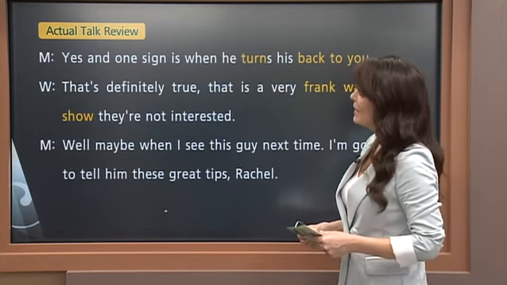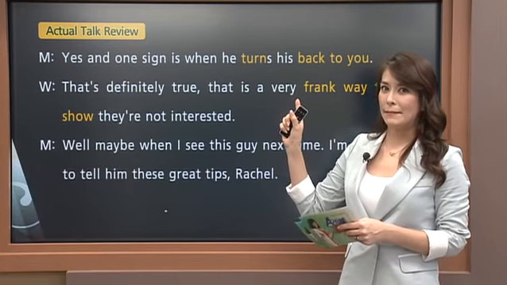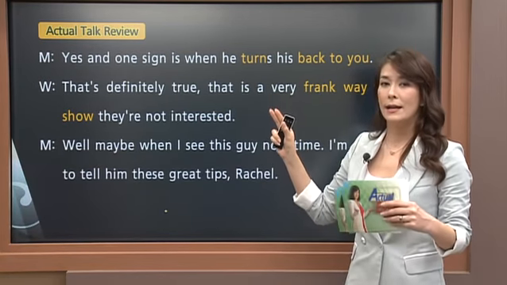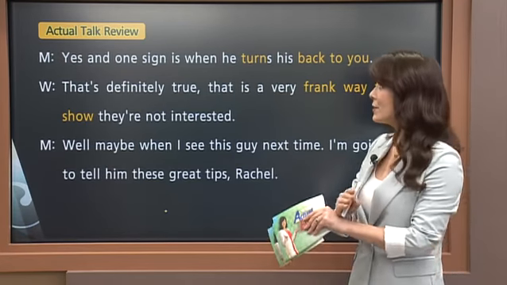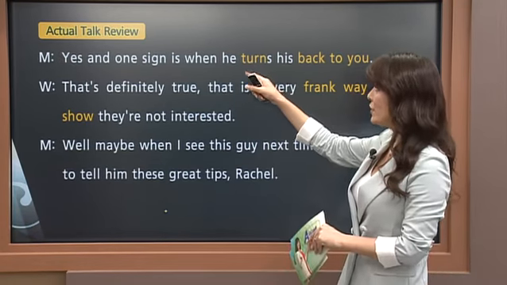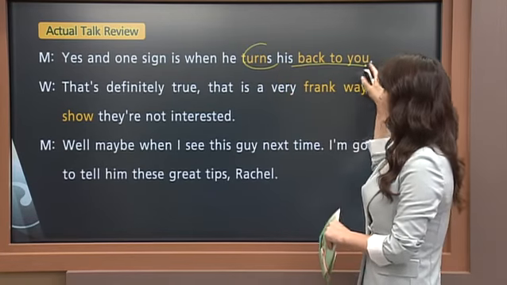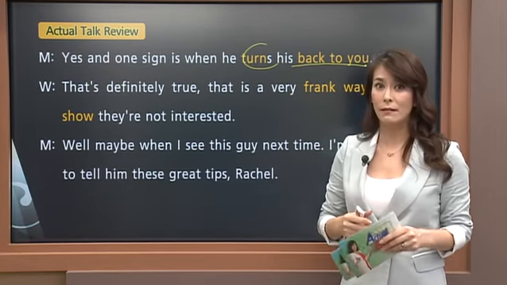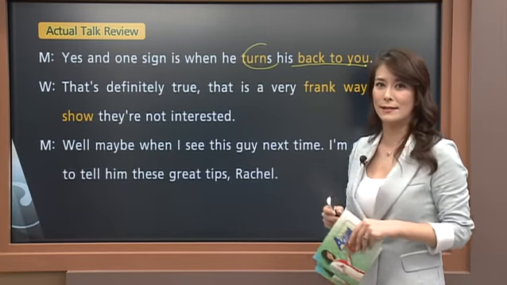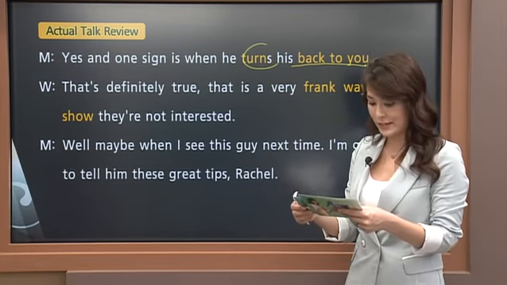All right, moving on. Now Peter says yes, and one sign, meaning a sign that the other person is disinterested or not interested, is when he or she turns his back to you, okay? To turn one's back to you basically means physically turning your back to someone. Why? Because you're not interested, right?